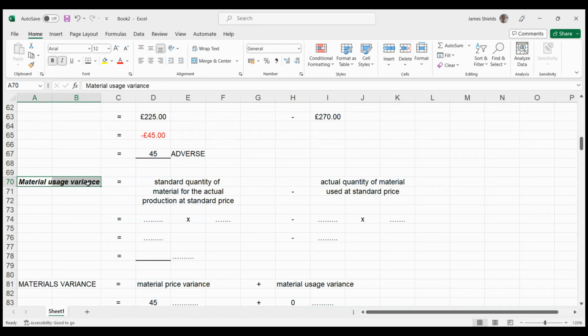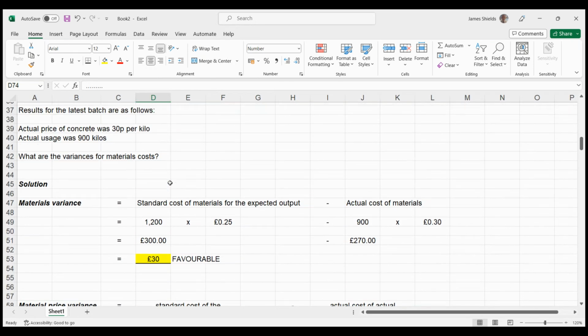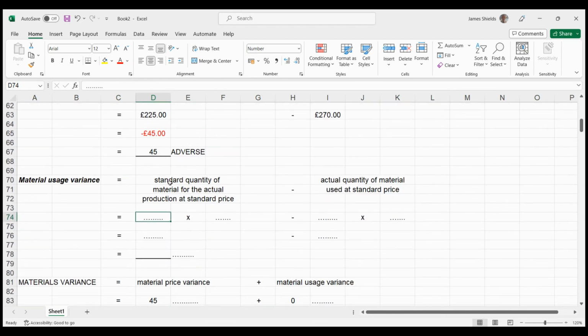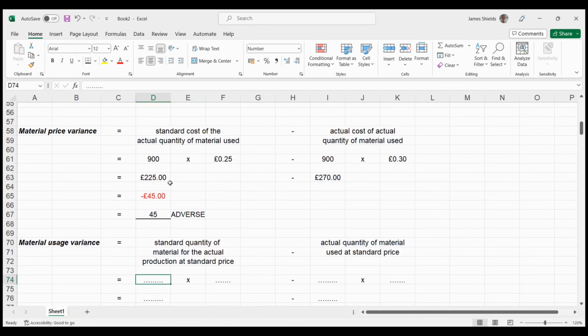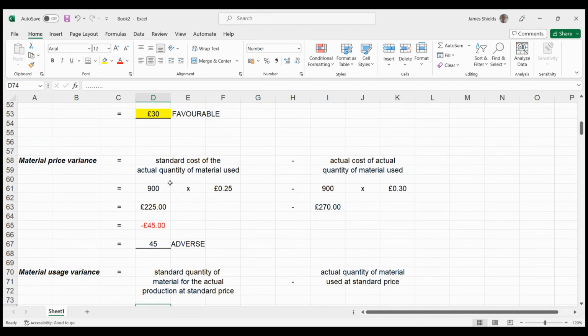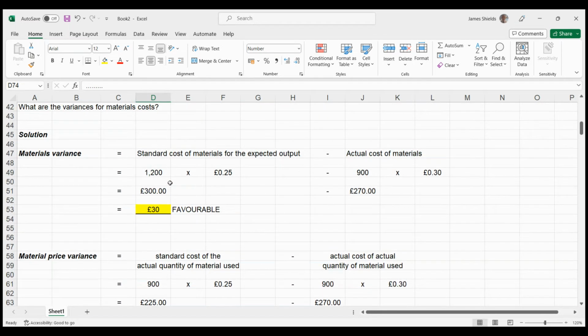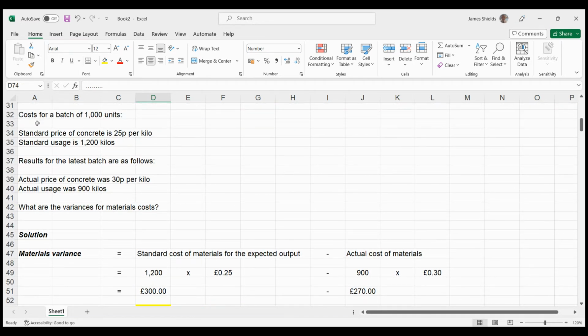Right, material usage now. So it's the material actually used. So it's the standard quantity of material for the actual production at standard price. So the standard quantity of material we have is 1,200 kilograms.